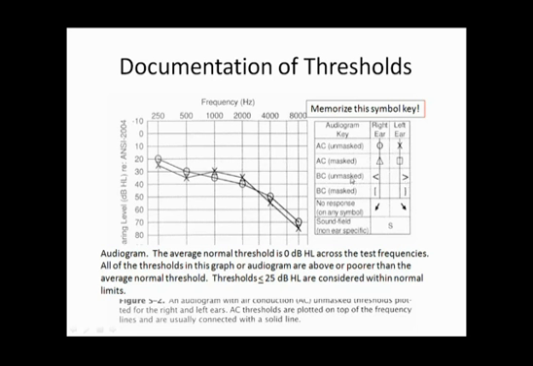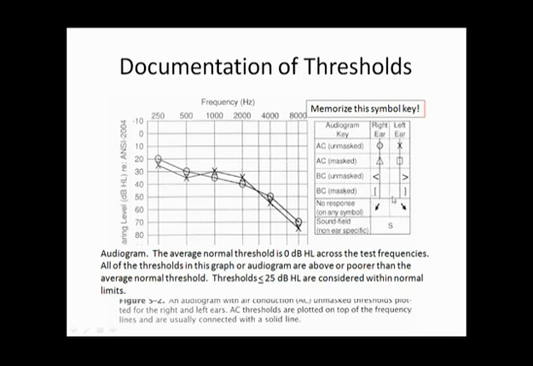Again, no masking was used. And please realize this, that even if this shows a left bone conduction symbol unmasked, it could actually be that the right ear heard the tone, and this threshold is actually a reflection of the hearing in the right ear, not the left ear. So these are unmasked symbols.